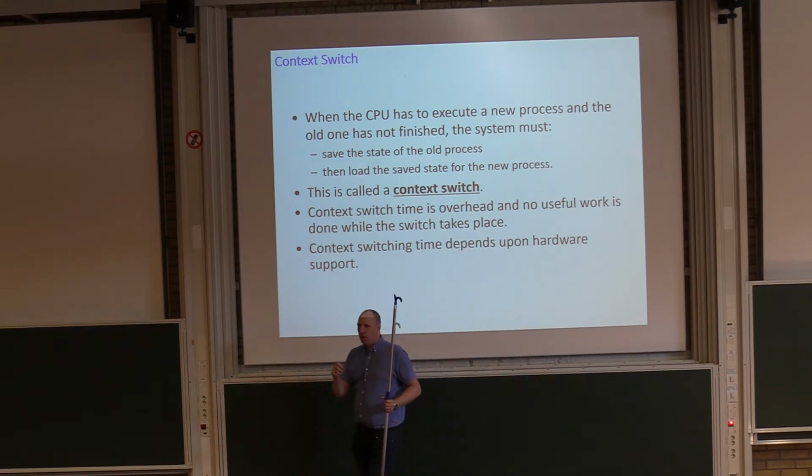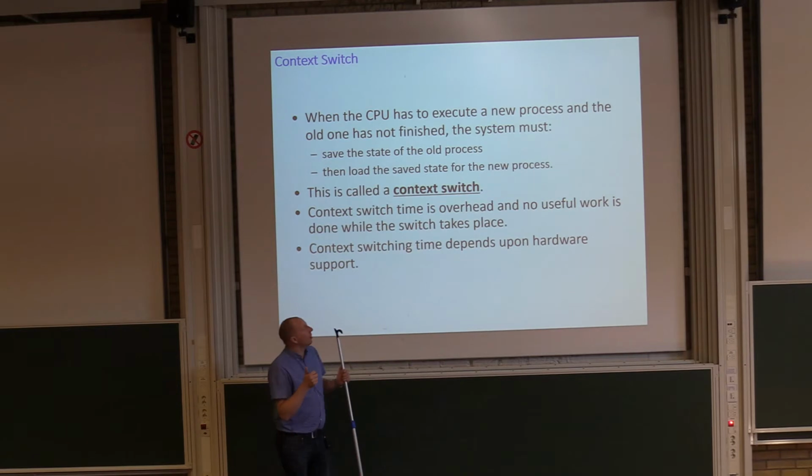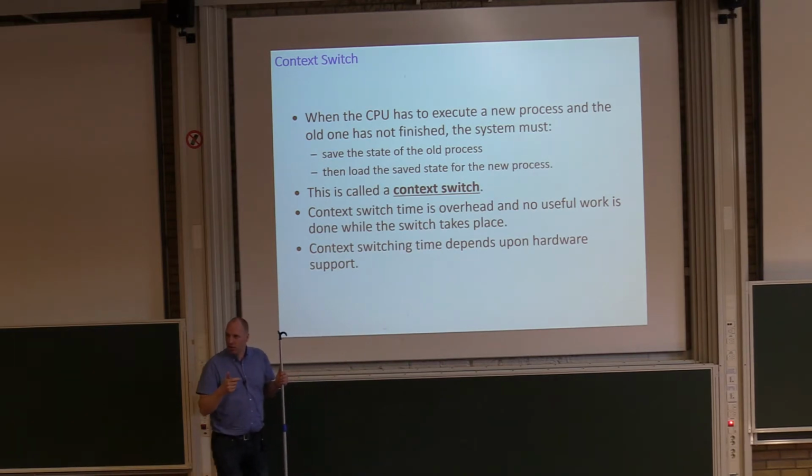In the processor, we only have one program counter and only one set of registers. So when we do a context switch, we have to remember, for the thread that we will throw out, where the program counter was, meaning the address of the current instruction in the program.